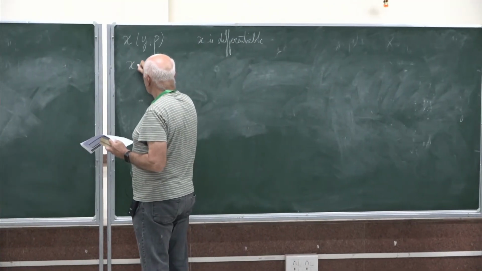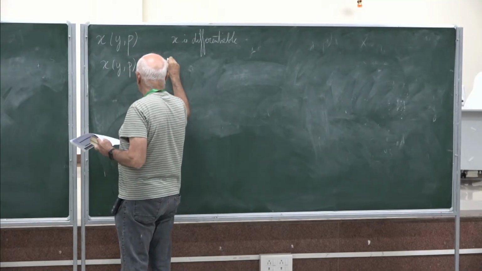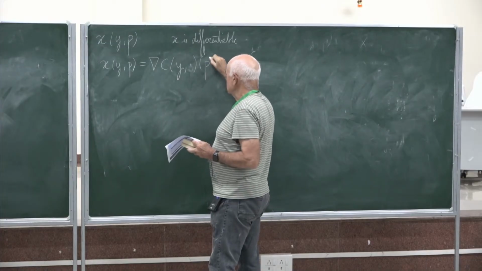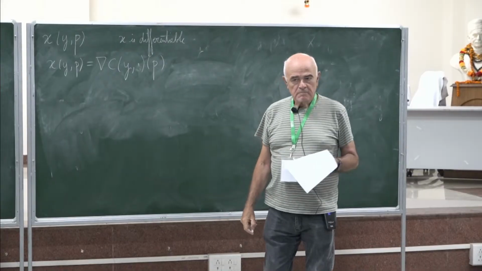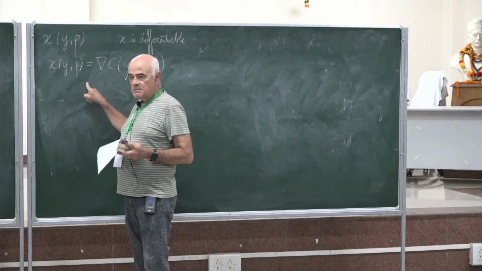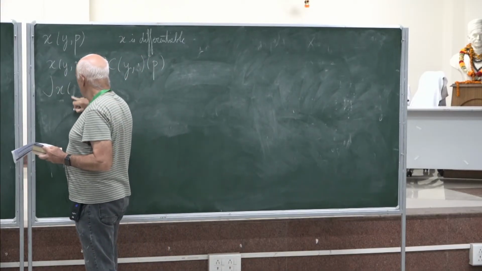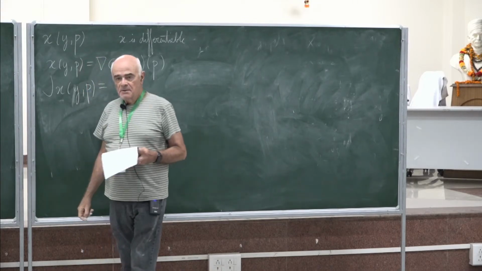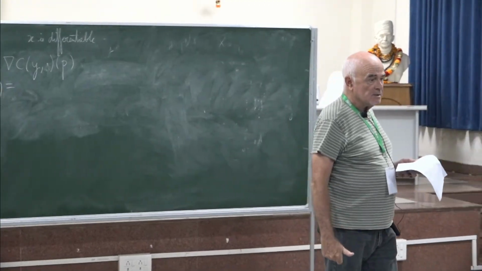We have that x of y, p is the gradient of C at P. So take the Jacobian on both sides. The Jacobian of x of y, p is the Jacobian of the gradient.